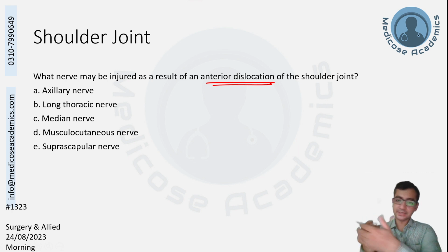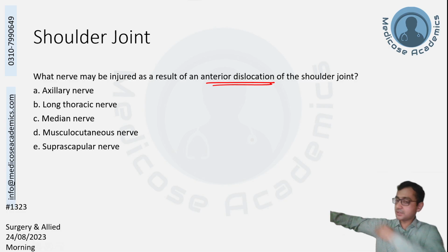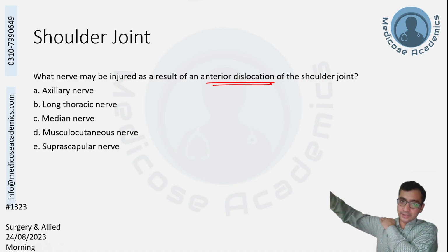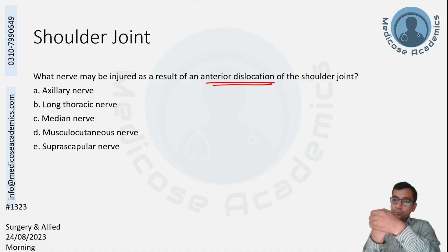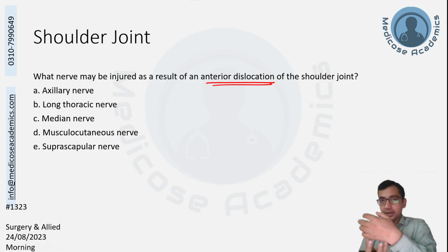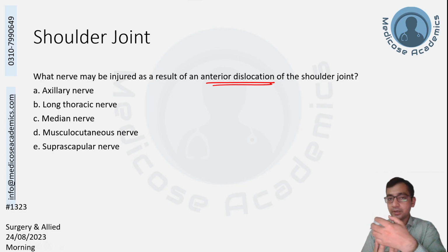What normally happens is in an abducted position, like someone's arm was here, he was hit here, and the head moves downwards. In the downwards direction, the shoulder joint is not very secure, because on the sides, front, above, and back, there are rotator cuff muscles. On the downwards side, there is nothing, there is no ligament.